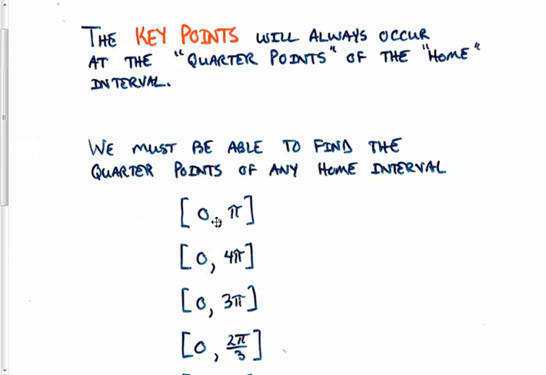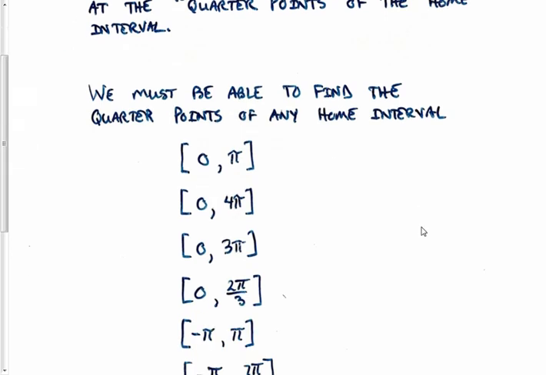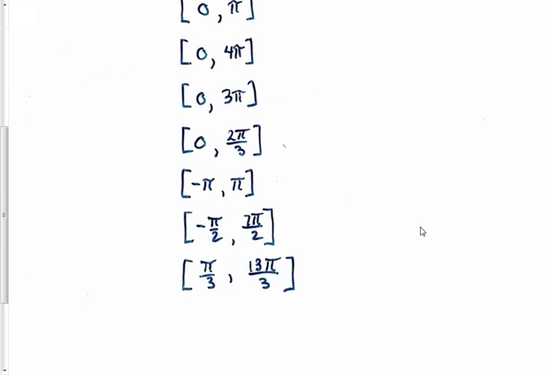We'd break the interval in half, and that would be pi over 2. Then between 0 and pi over 2, we'd break that in half, and that's pi over 4. So now we have 0, pi over 4, pi over 2, and then we're going by pi over 4s, so we'd go to 3 pi over 4, and then to pi. So we have our 4 pieces. We'll do that in some actual examples later on.